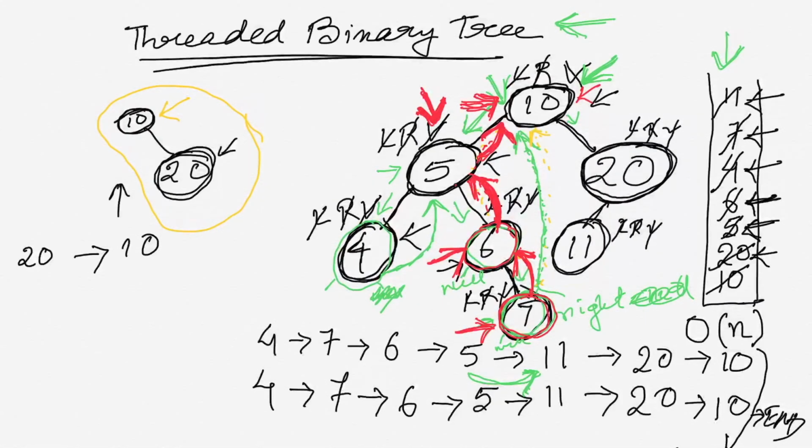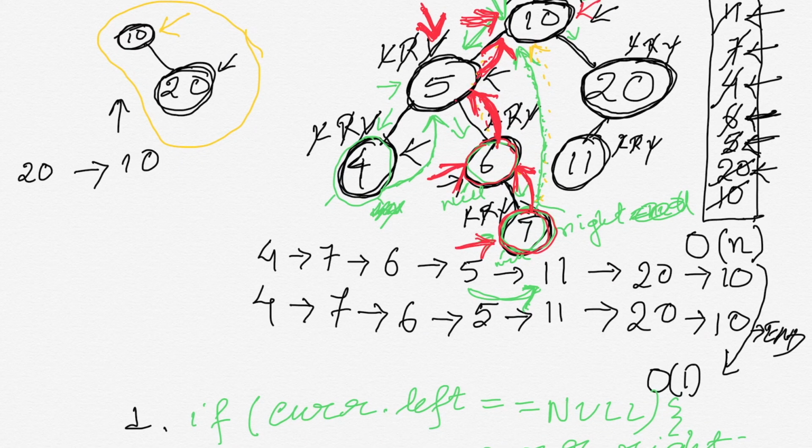And if you have noticed, till now we have processed, like we have printed only 4. So 4 was already printed. After that, if you look from here, 7 needs to be printed, followed by 6, followed by 5. So we are right now at node 7.